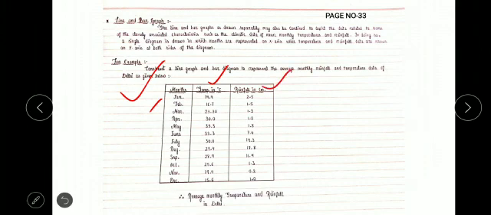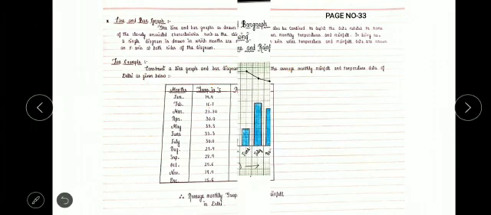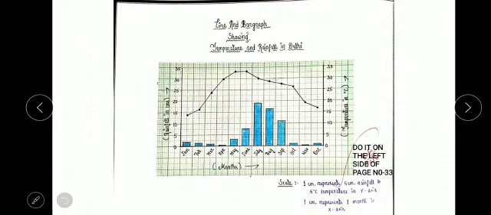With the help of one variable, that means temperature, we will learn how to plot the line graph, and with the help of rainfall data we will plot the bar diagram. Come to the diagram, line and bar graph. This is the horizontal scale, this is the vertical scale.